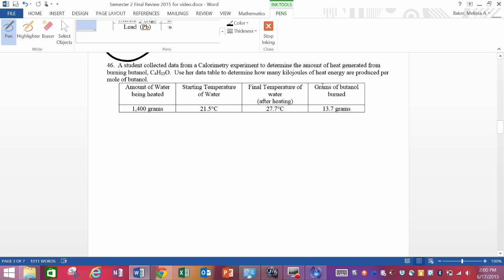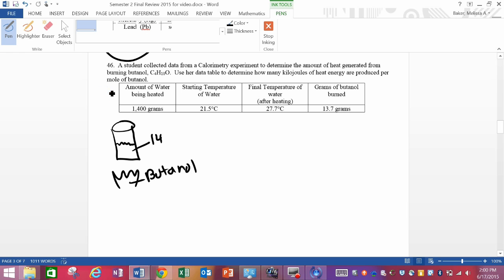Last problem on this page, this is a good one. It says a student collected data from a calorimetry experiment. And I always ask, have we done that in class? Yes, it's when we burned food. So there's a can of water, and in this example, you're burning butanol underneath it. And you're measuring how much energy that water absorbed.